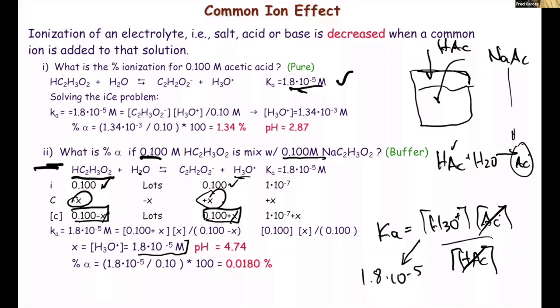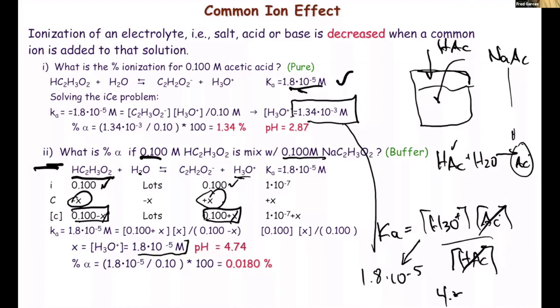Compare that to up here where it was 1.34 times 10 to the minus 3. This is much smaller. In other words, the reaction doesn't produce much more hydronium. 1.8 times 10 to the minus 5 is a smaller number than 1.3 times 10 to the minus 3. Also, the pH is 4.74.